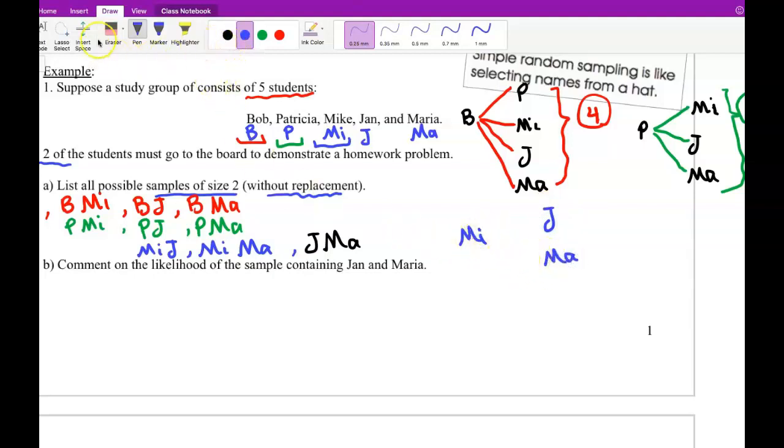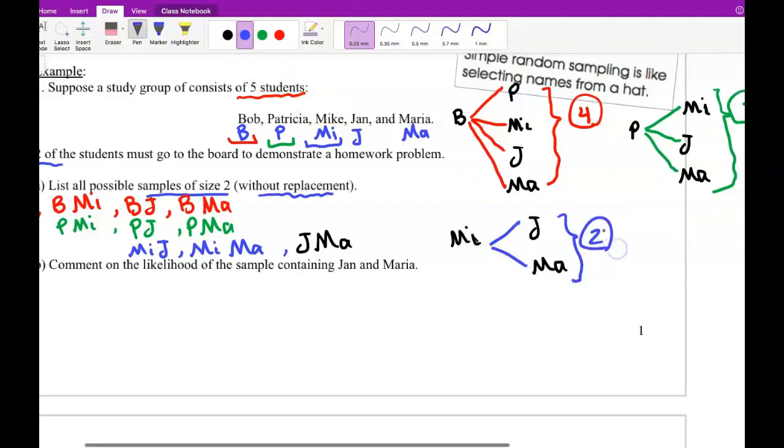Okay, I use black color for these. Now for this part, we have 2.